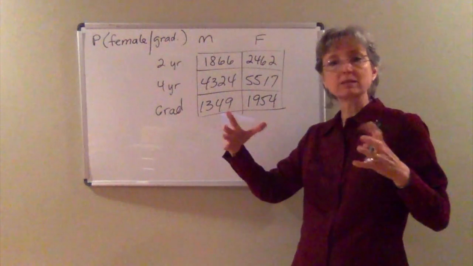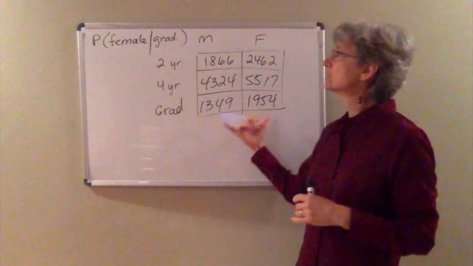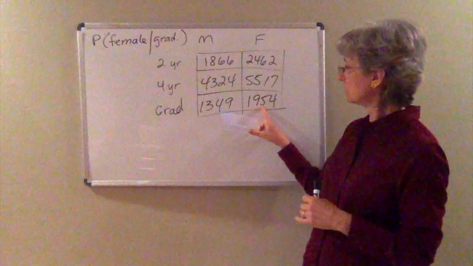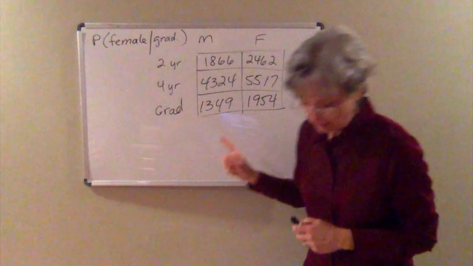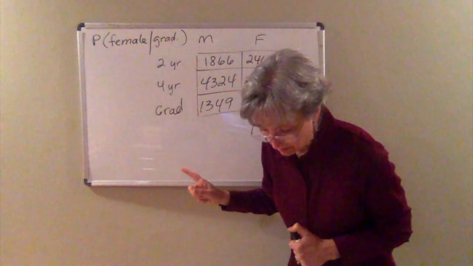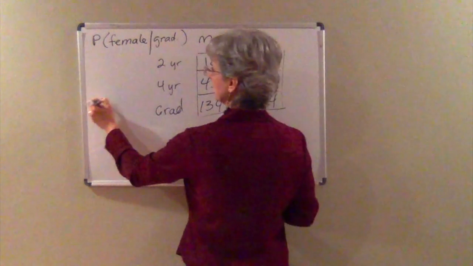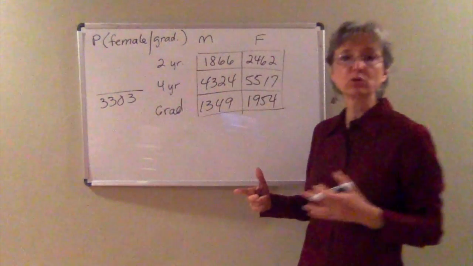So our sample space, instead of it being all the colleges and universities everywhere, is going to be the graduate schools. So you're going to add these two numbers together, 1349 and 1954, and that's, what is that? It's a big number, 3303, I think. So 3303 is the total sample space that we're drawing from.